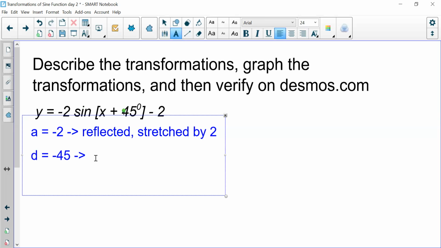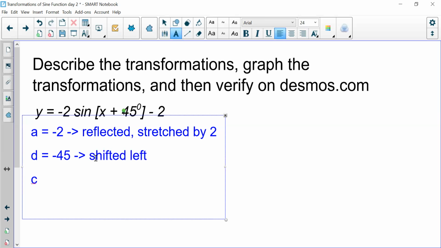Do you think it shifted left or right? X plus 45, guys, shift left or right? It's opposite to the sine. Left. Good. So it's shifted left.